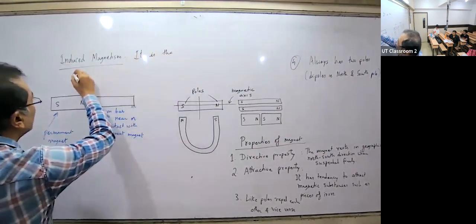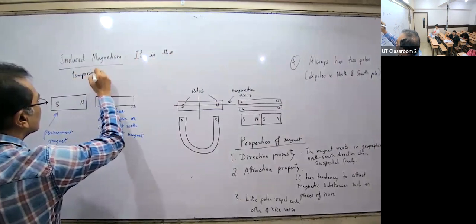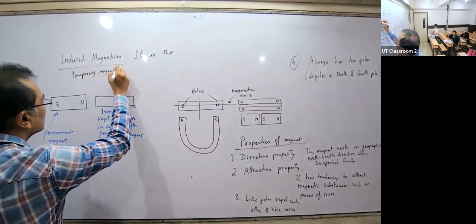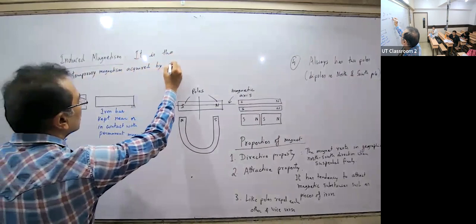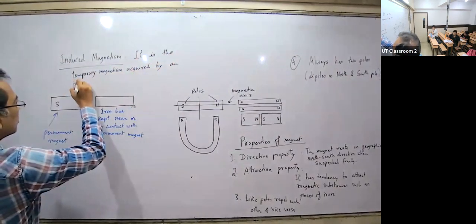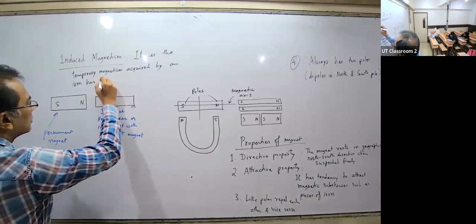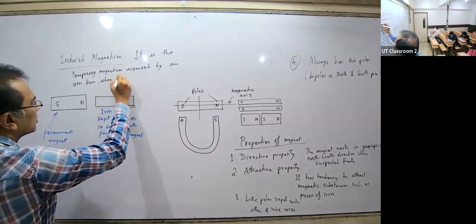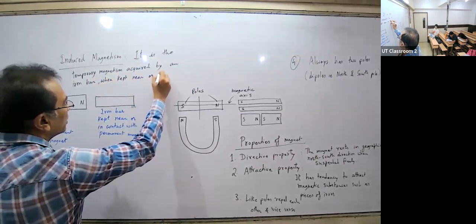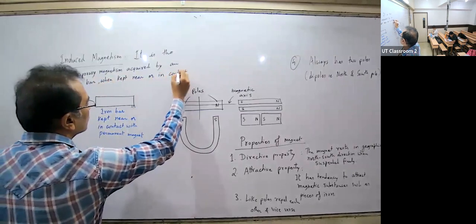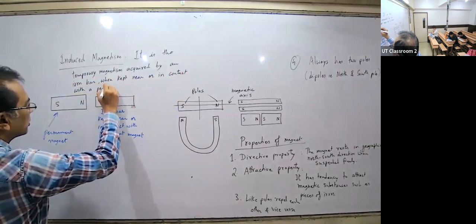It is the temporary magnetism acquired by an iron bar or any magnetic substance when kept near or in contact with a permanent magnet.